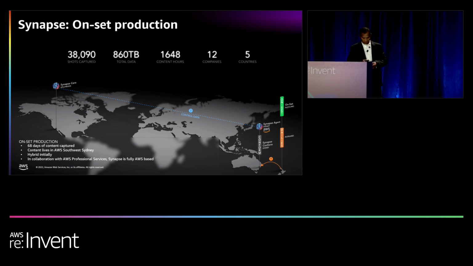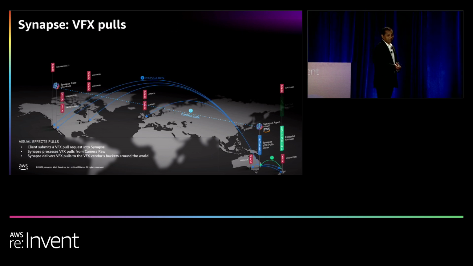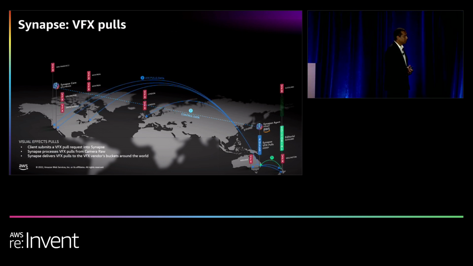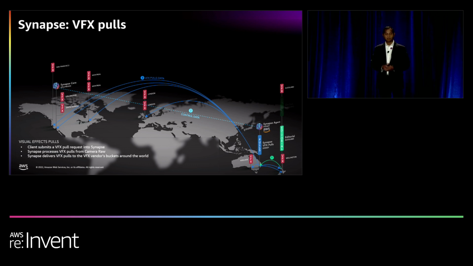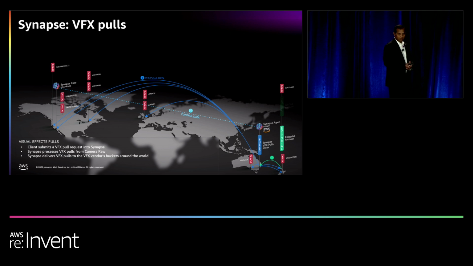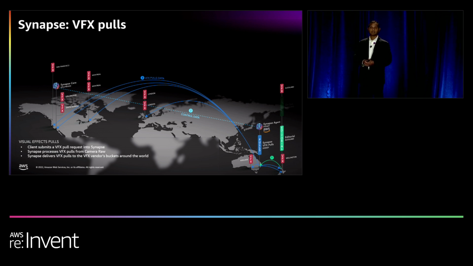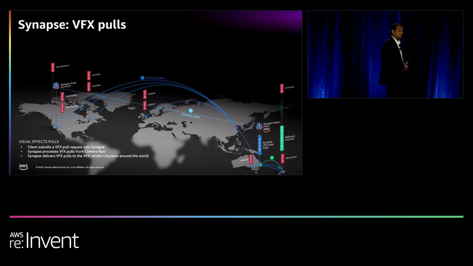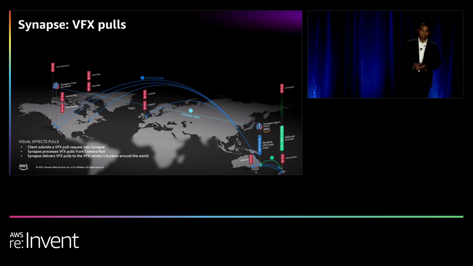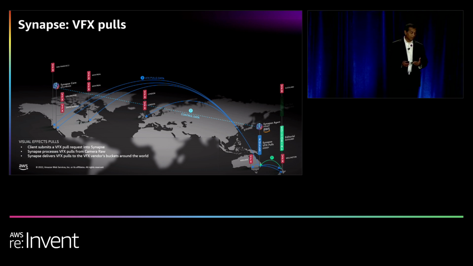In the VFX pull side of things, we were able to add any vendors to our Synapse through just a configuration change. And one of the advantages we had was we had all the data saved in the S3 buckets. So this allowed us to make the VFX pulls available to any vendors anywhere in a very quick manner.